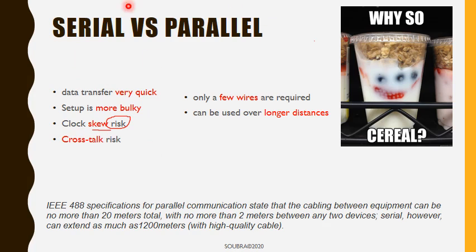By the way, most of the applications and communication protocols in the real world now are tending towards serial. And a proof that something is omnipresent now, very ubiquitous, is the USB, which is the universal serial bus, right? So it's serial. So does this mean that parallel is no good, we should never use it? No, it doesn't mean that. It really depends on the application and the context.